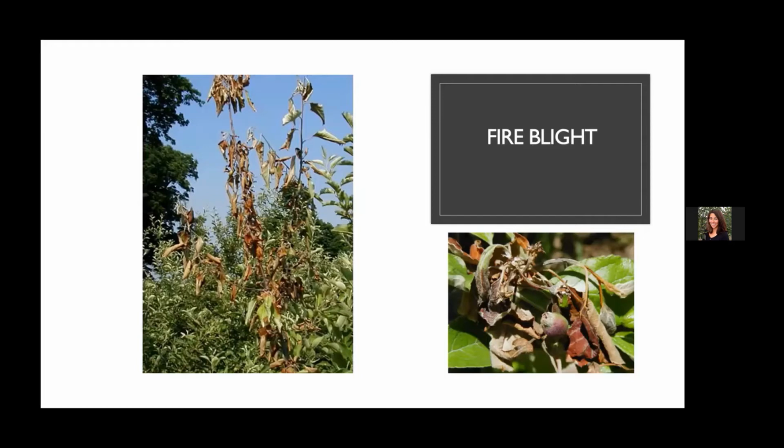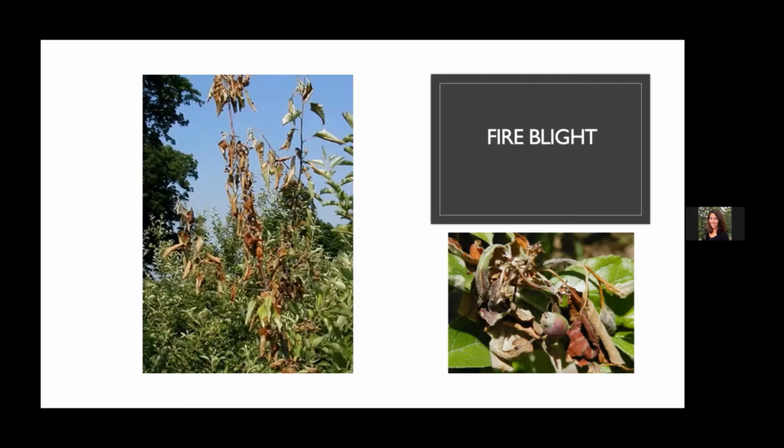So not only can this pathogen impact the flowers and result in no fruit, it can actually invade the woody tissues of the tree and move throughout the branches and throughout the main trunk of the tree, even down to the roots, and kill the entire tree.